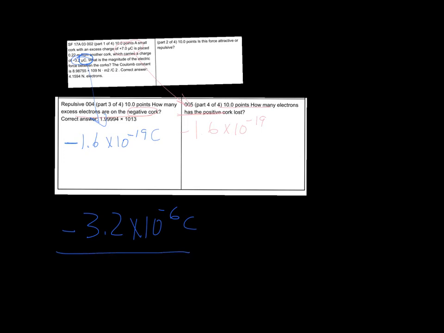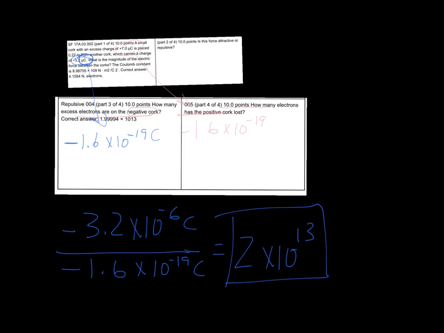Then we're going to divide that by the charge of 1 electron, 10 to the negative 19th coulombs, and then we should get an answer. When you do that math, you should get 2 times 10 to the 13th. It looks like they have 1.999994 times 10 to the 13th as the correct answer for part 3 of 4. Now let's do the next one.